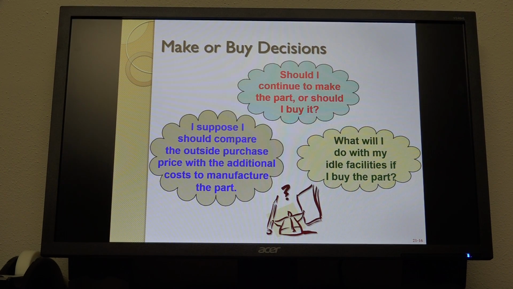If you stop producing this component, you could use that now excess manufacturing facility to make something else, or possibly rent it out or something.